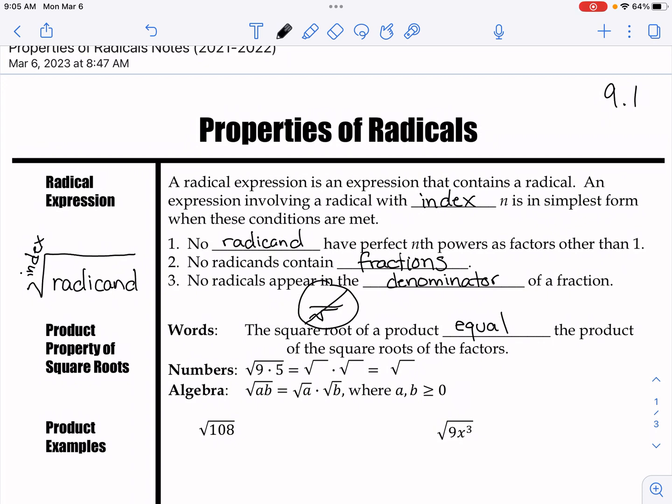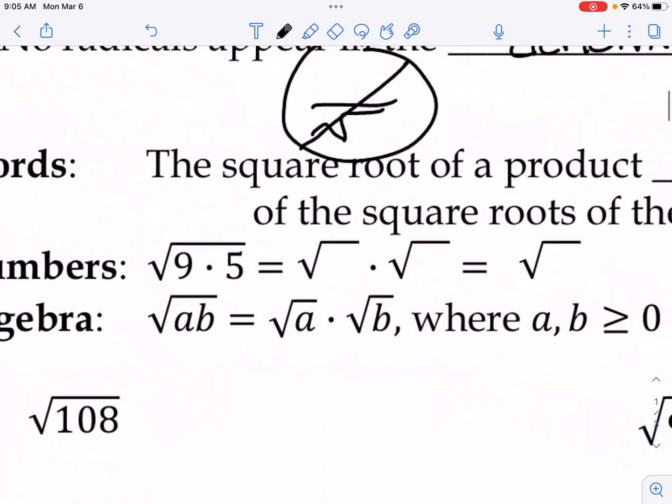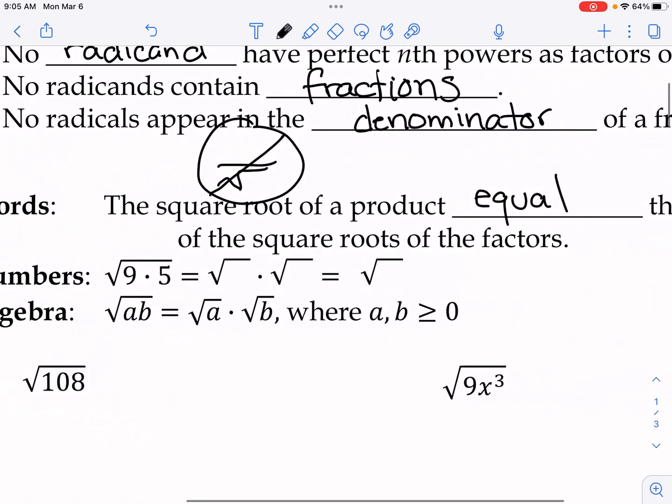Okay, that's a lot to see, but let's see a numerical example. We have the square root of 9 times 5. That's equal to the product of the square roots of the factors. So we could separate this. Instead of the square root of 9 times 5, we could represent this as the square root of 9 times the square root of 5. That's a property you can use when you're multiplying radicals.